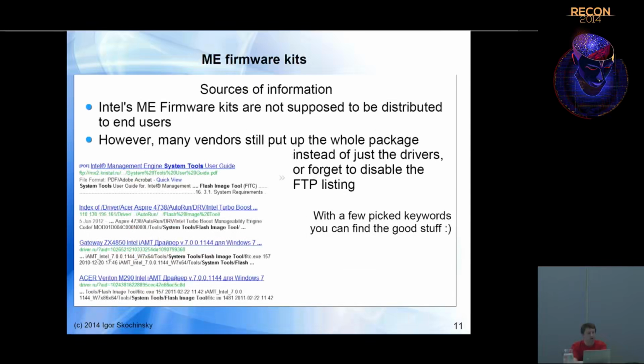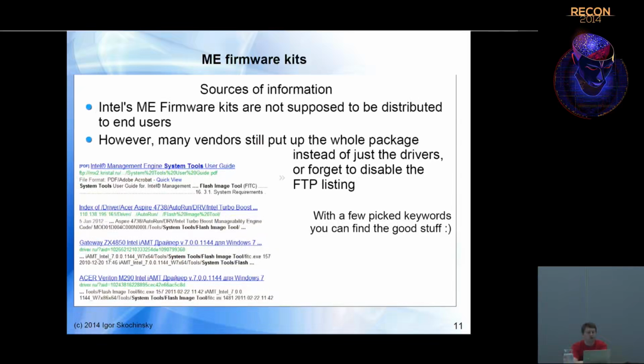So there is also something called the ME firmware kit. This is a bundle of software and firmware that Intel distributes to manufacturers that make motherboards so that they can prepare the BIOS, and it contains information, various low-level tools, and so on. Normally these firmware kits are not supposed to be shared with the end users.